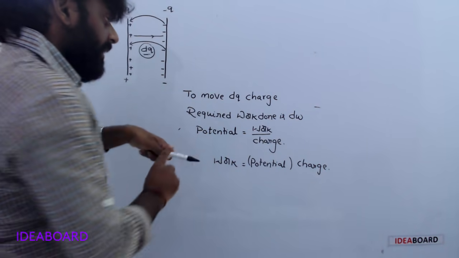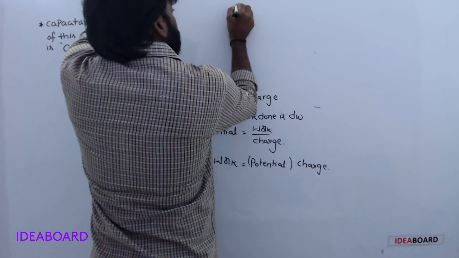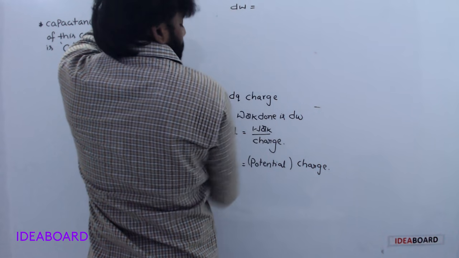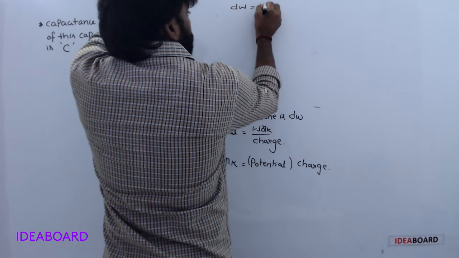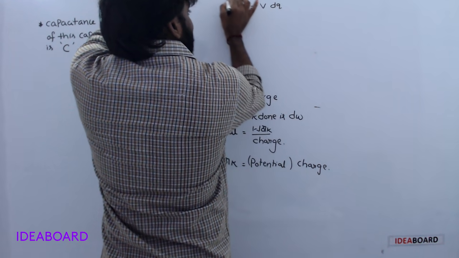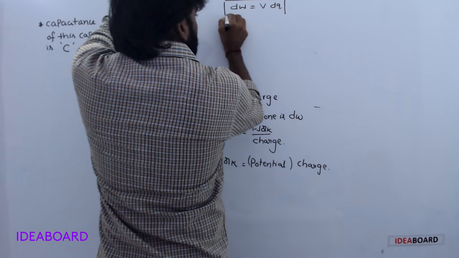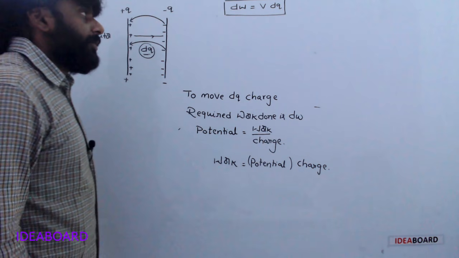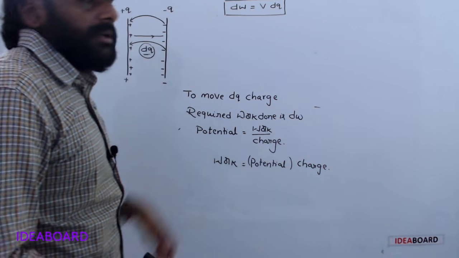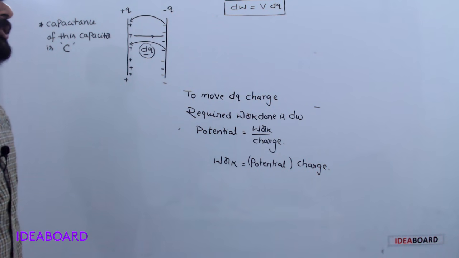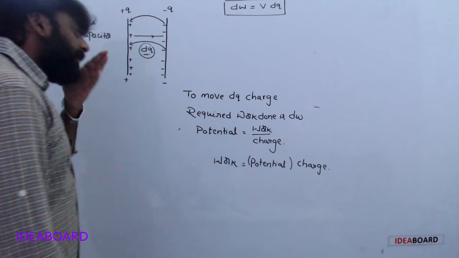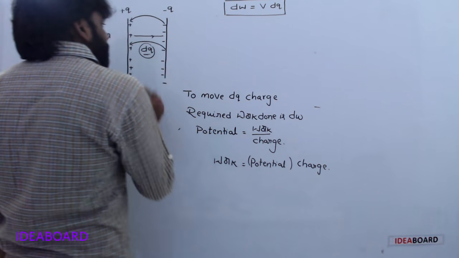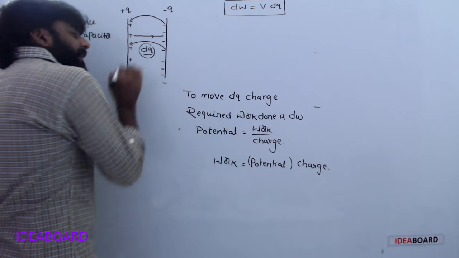Okay. Now here work done dW is equal to V into dq. Based on this one, dW is equal to V into dq. Understood this one? At a certain instant of time, that means to move dq charge.